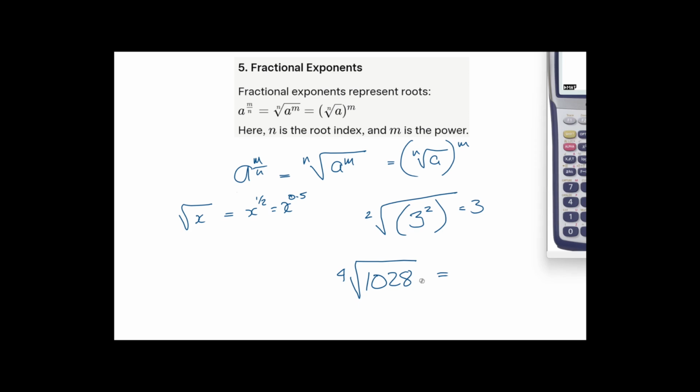There is this kind of button shift, but I don't know how to do that one. So a quick way of doing it is 1028 to the power of 1 over 4, which is the fourth root.